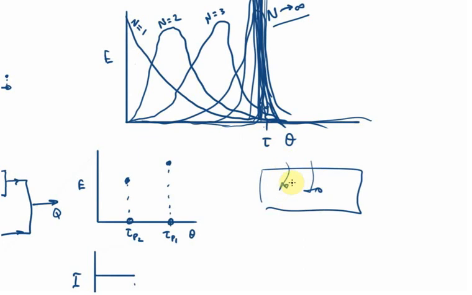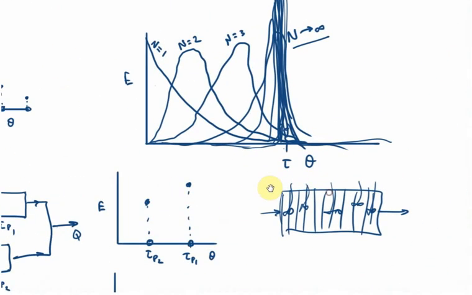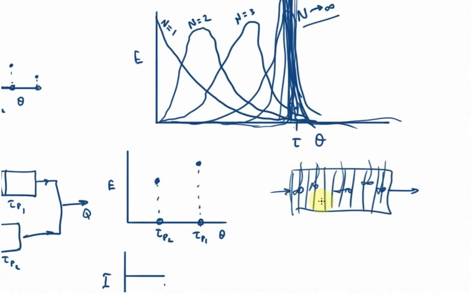But as you add more mixed zones, and as you keep increasing the number of mixed zones, it starts to function as little plugs of fluid. So you start to approximate a plug flow reactor as n tends to infinity. So that's a surprising result. By taking the simple idea of perfect mixing and by increasing the number of mixed zones, we are in effect becoming a plug flow reactor.